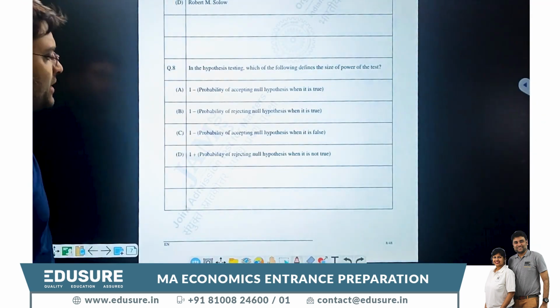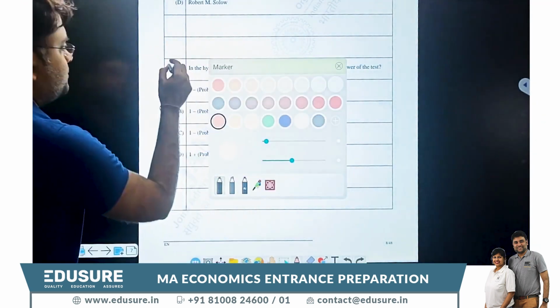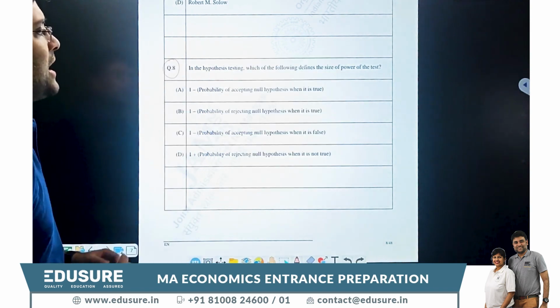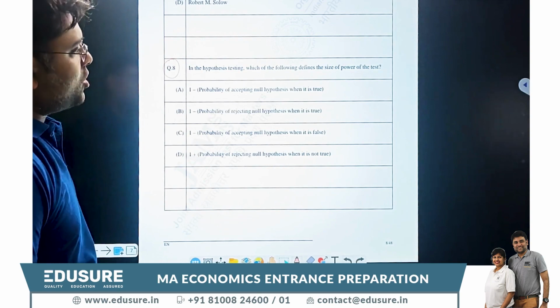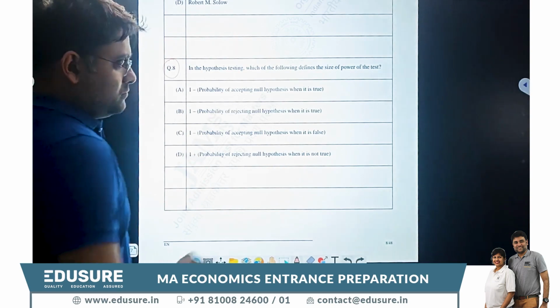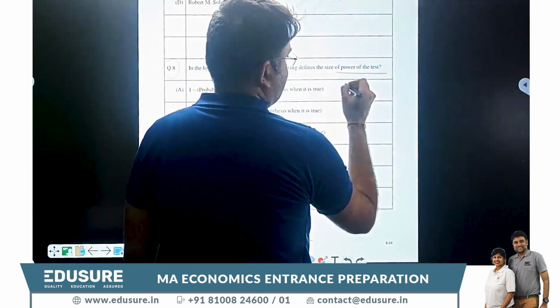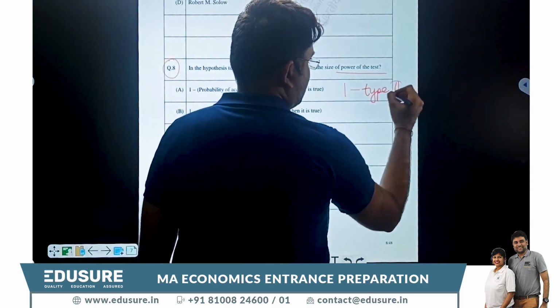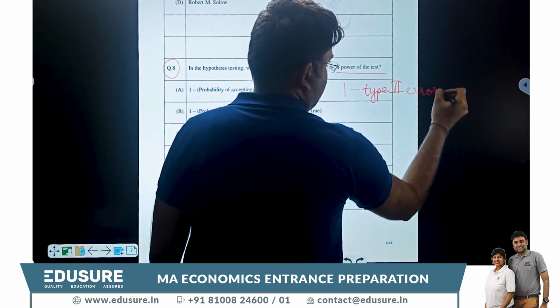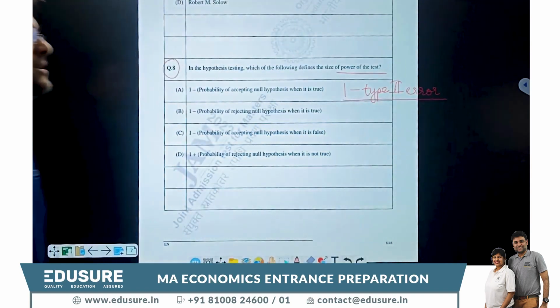IIT JAM 2022, question number 8. In hypothesis testing, which of the following defines the size or power of the test? Now, power of the test is basically 1 minus type 2 error. Okay, 1 minus type 2 error.